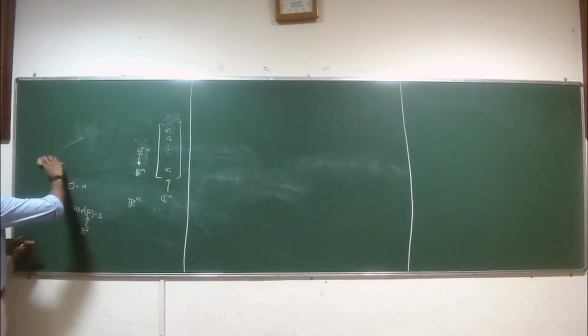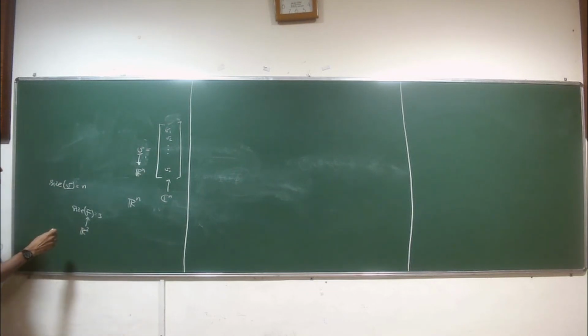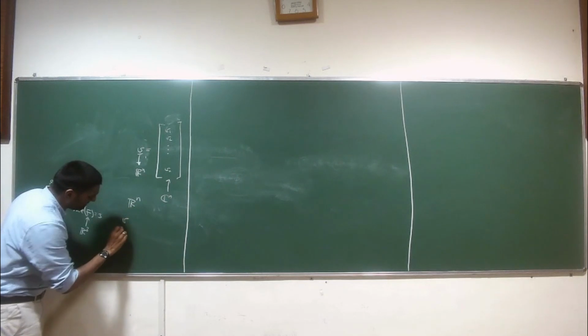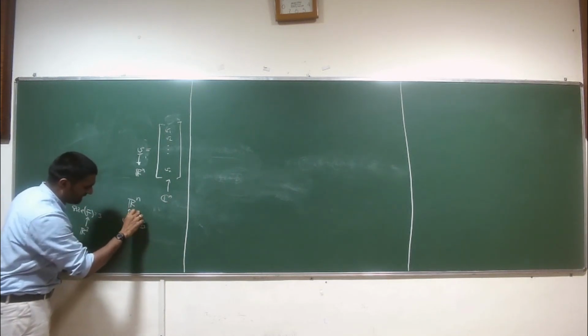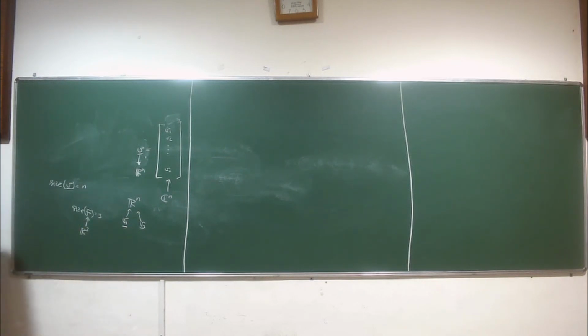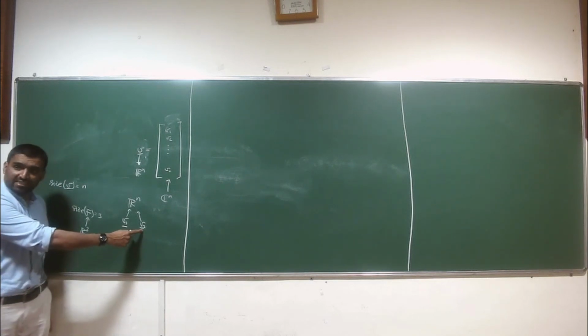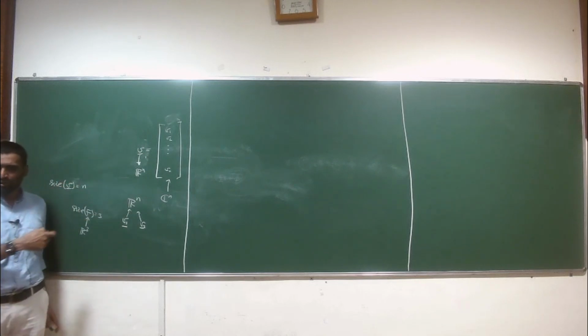Now, let's say we have 2 vectors. Sorry, I'm all over the place. I'll try to be a little bit more organized. Let's say we have 2 vectors, both of them from R^n. We can talk about 2 vectors being equal if they satisfy 2 properties. First, both of them should have the same size. That means they have to be from the same space, R^n or C^n or Z^n or whatever.